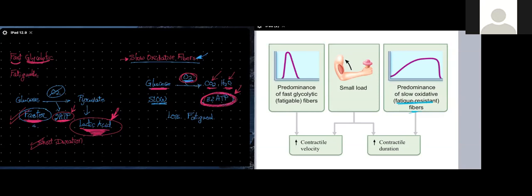Yes, I have slower contraction, but I can contract for longer duration. Like right now, for how long do you contract your back muscles? They are contracted all day long, just to maintain your posture all the time.